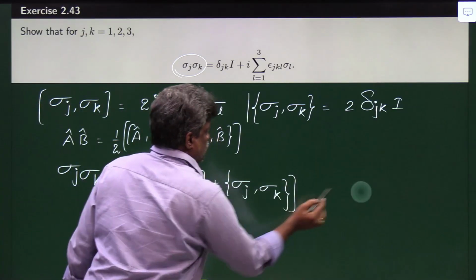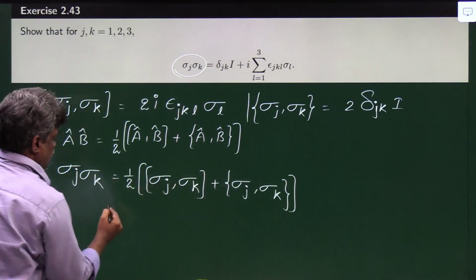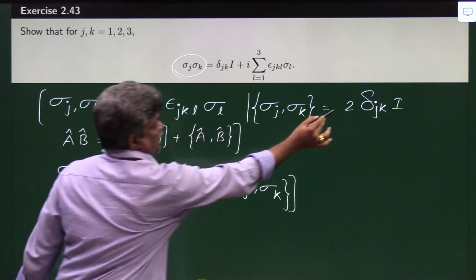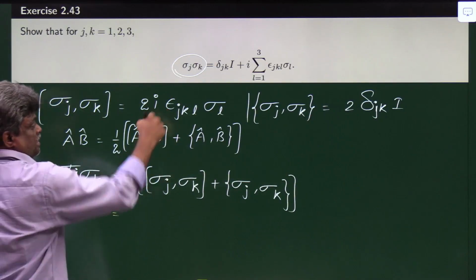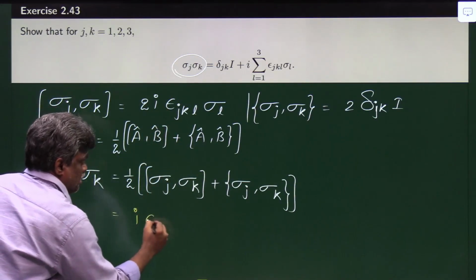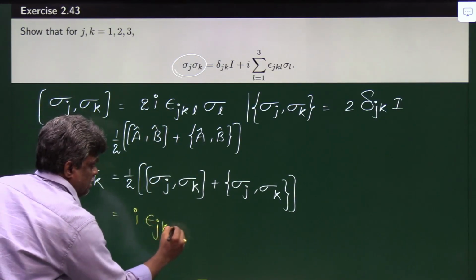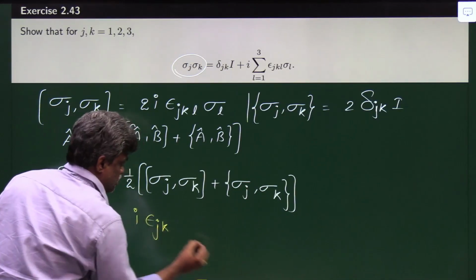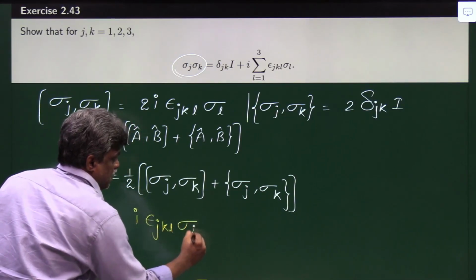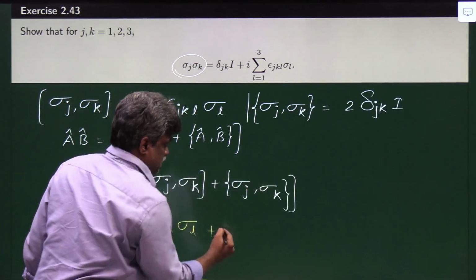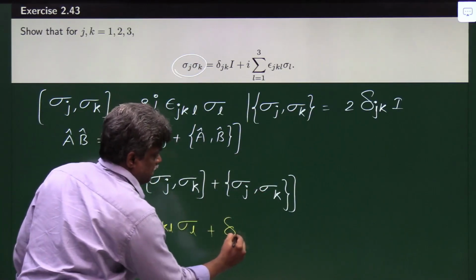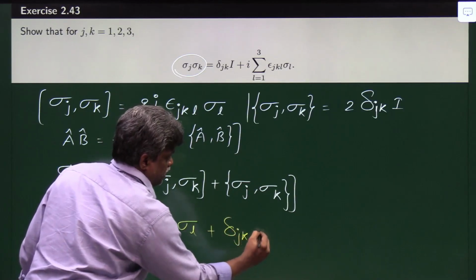Now if I substitute these values, the 2s get cancelled, and what is remaining is iota epsilon jkl sigma l plus delta jk times I.